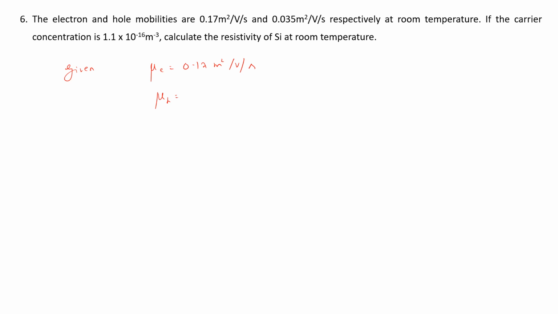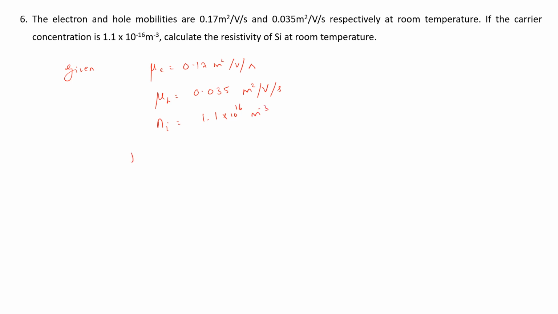Mu H is equal to 0.035 meter square per volt per second. Okay, then Ni is equal to 1.1 into 10 power 16 meter power minus 3.